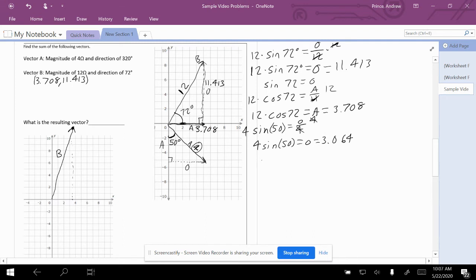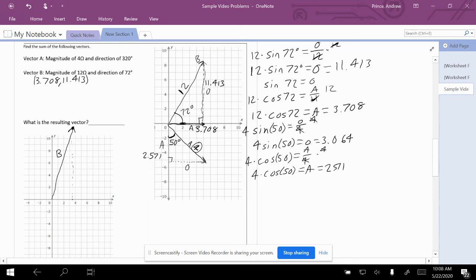Now for the adjacent, cosine 50 degrees equals the adjacent over 4. Cancel that out, and we have 4 cosine 50 equals the adjacent. And that gives us 2.71, no, sorry, 2.571.